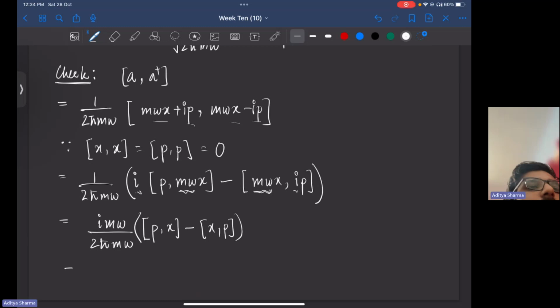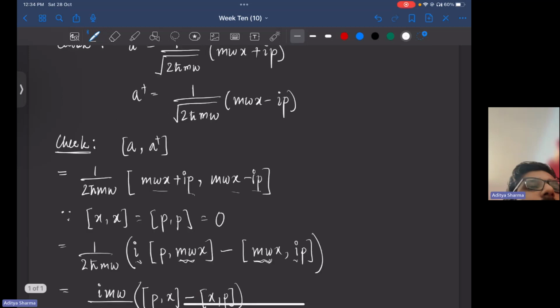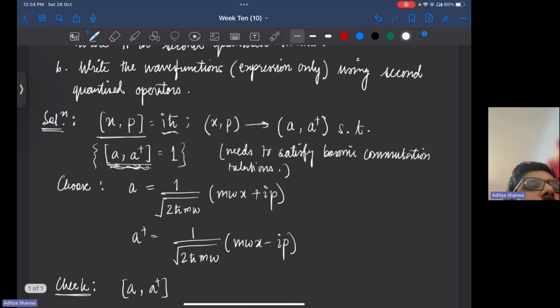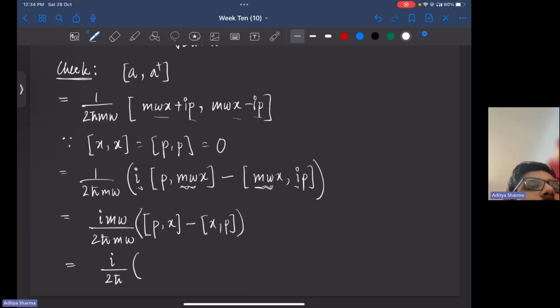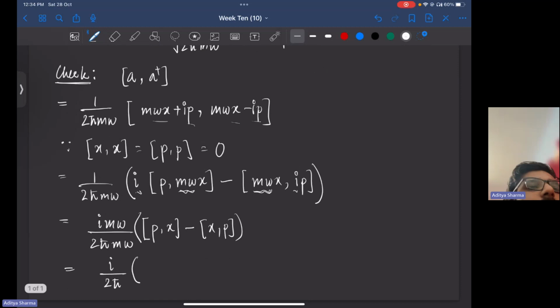which is equal to 2 h-bar. Now [p, x] we know is minus i h-bar, because as we know the commutation relation is antisymmetric. So this is minus i h-bar, and this is plus i h-bar p.